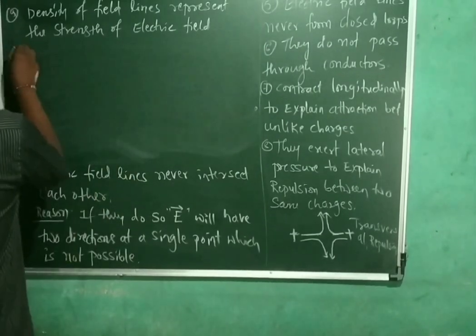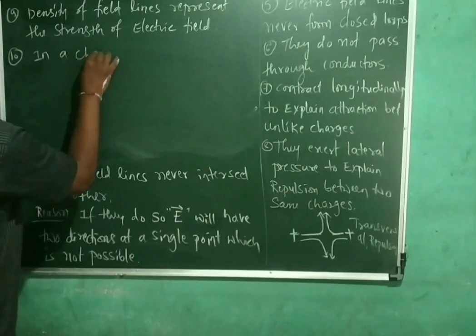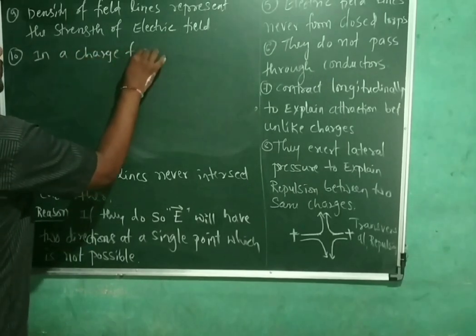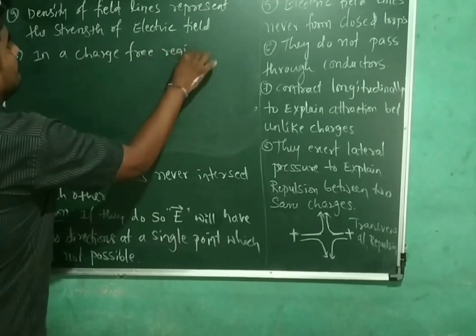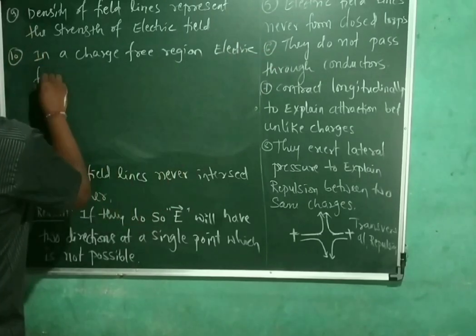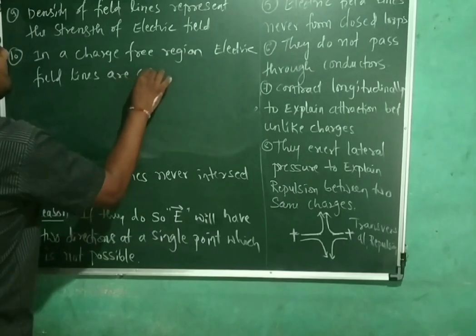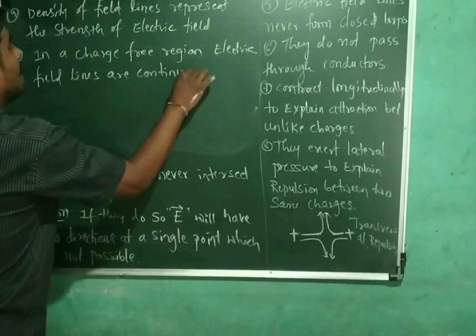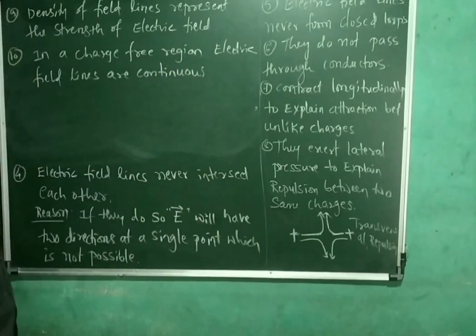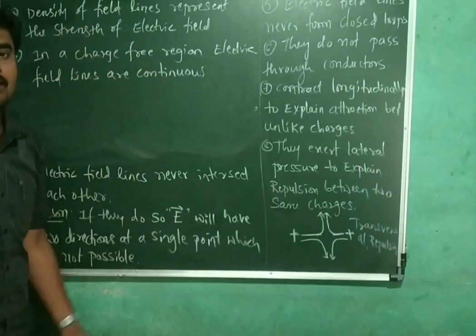And last property: in a charge free region, electric field lines are continuous. In a charge free region means if no charge comes in between, then the line will continue till what distance? Till infinity. That is, in a charge free region electric field lines are continuous.